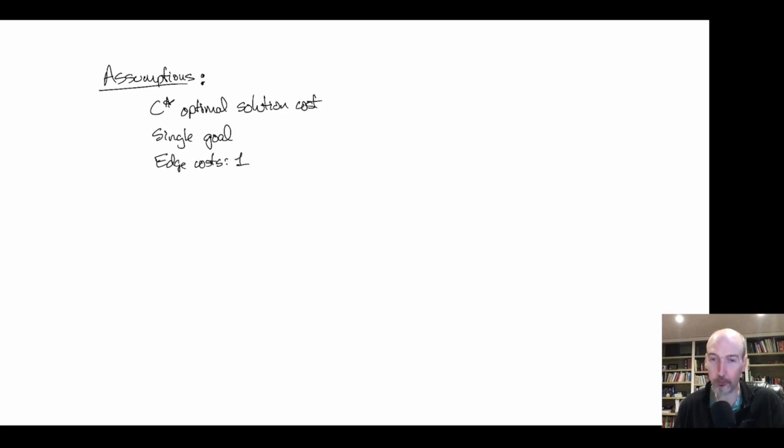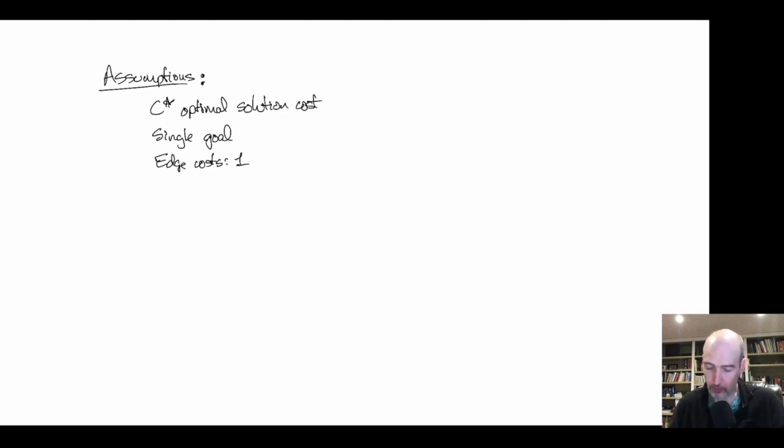So C star is going to be the optimal solution cost. And we're going to assume that there is a single goal state. We're going to assume that all edge costs are uniform. So we're going to assume, for simplicity, that they all have cost 1.